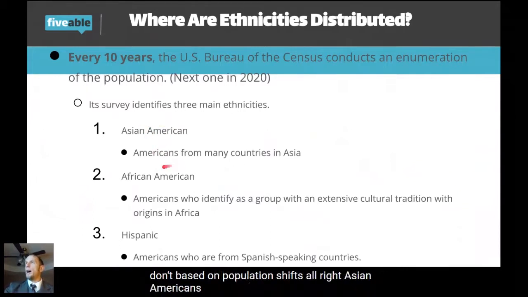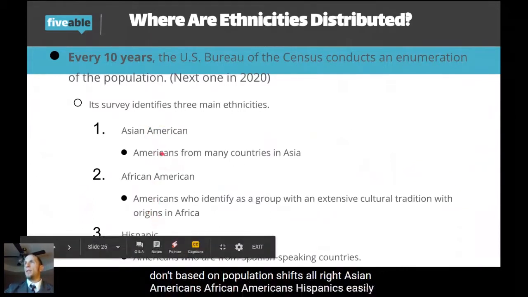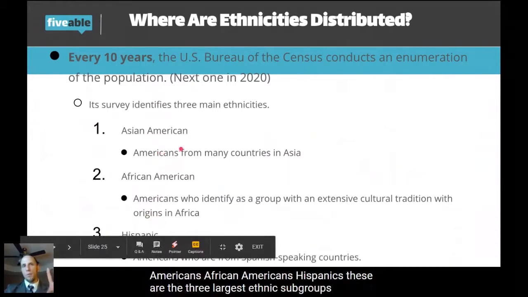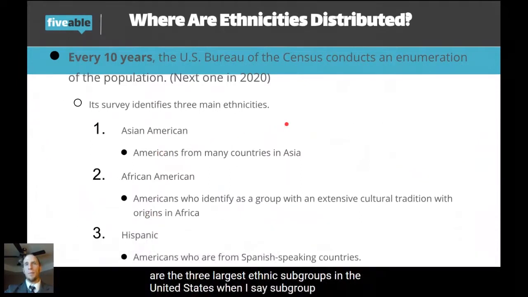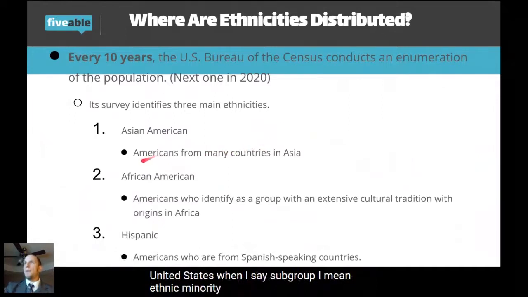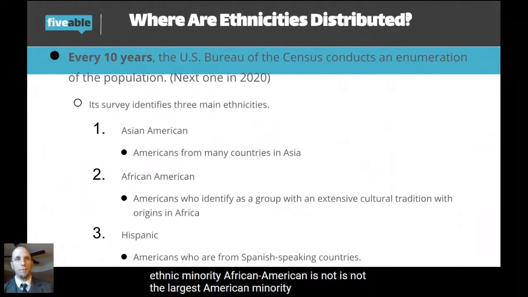Asian Americans, African Americans, Hispanics, these are the 3 largest ethnic subgroups in the United States. When I say subgroup, I mean ethnic minority. African American is not the largest American minority. They're not. Hispanic Americans are.